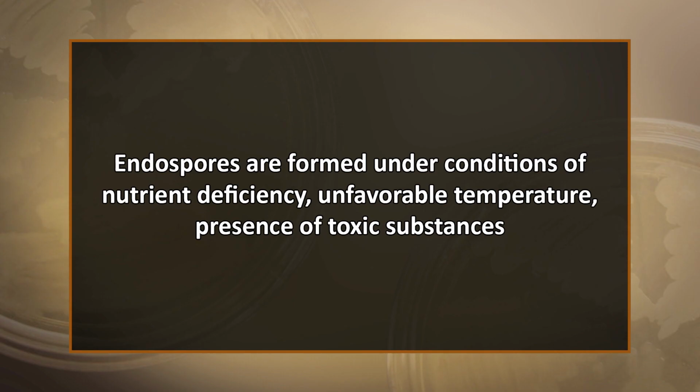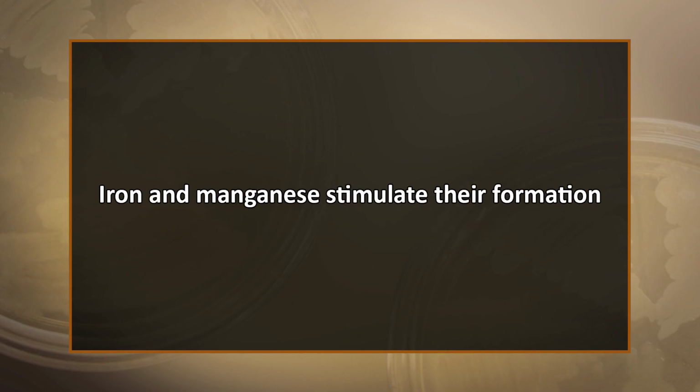Endospores are formed under conditions of nutrient deficiency, unfavorable temperature, presence of toxic substance, etc. Iron and manganese stimulate their formation. Flagella, if present, are withdrawn. Endospores can be formed in the middle, subterminal or terminal of the sporangial cell. The endospores can be rounded, oval or cylindrical in outline.